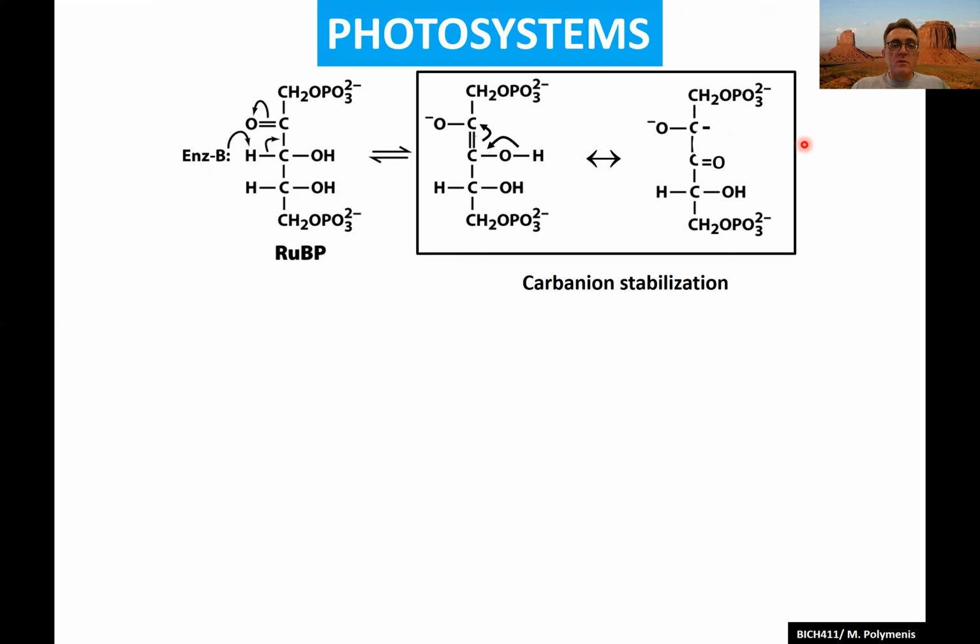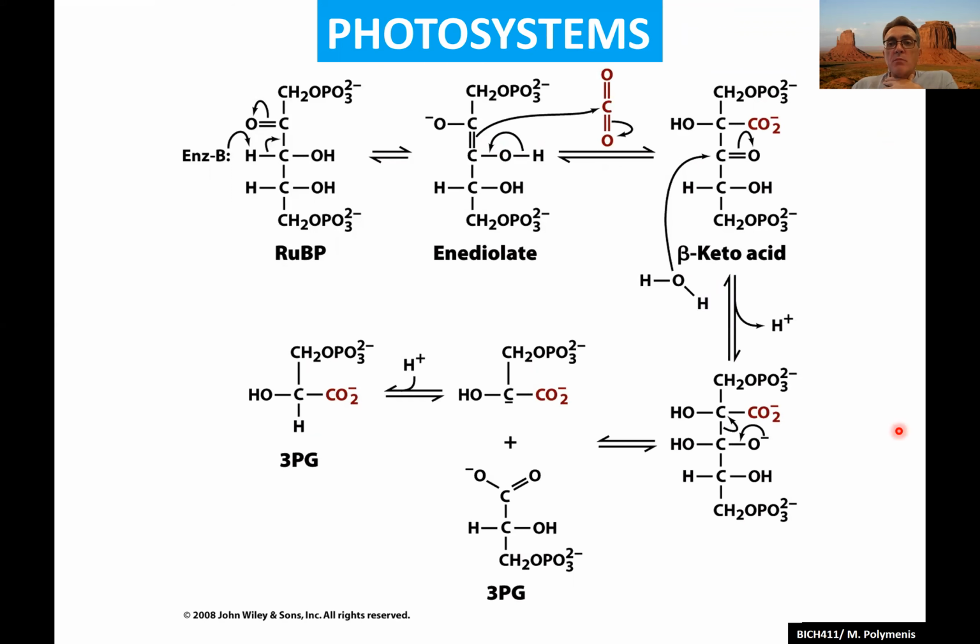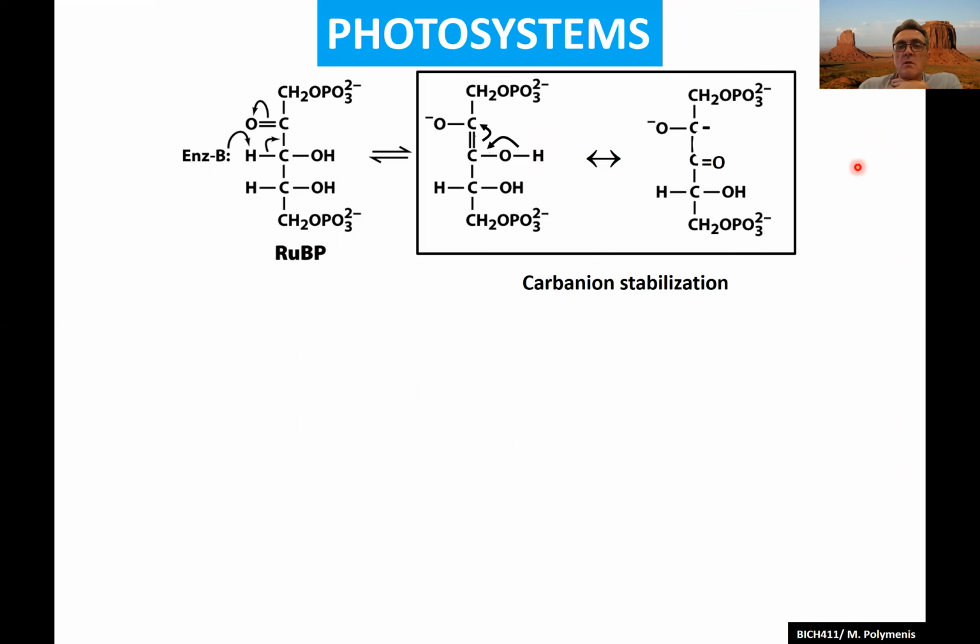So problem solved. You stabilize the carbanion, you activate the CO2 with magnesium, as we said. So the problems are solved, and you can proceed. The way it proceeds is shown here. That's the carbanion.